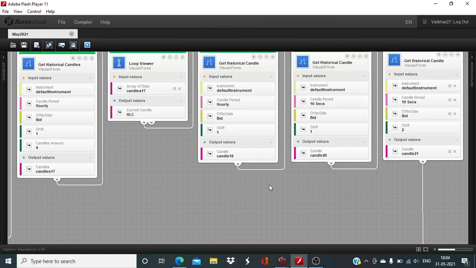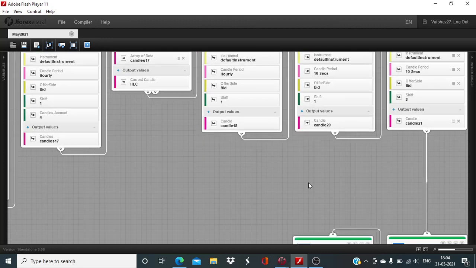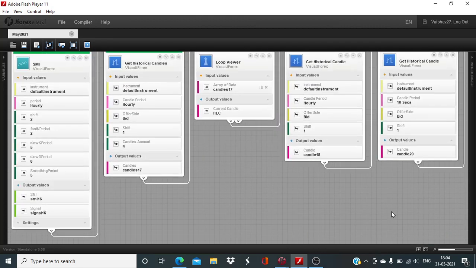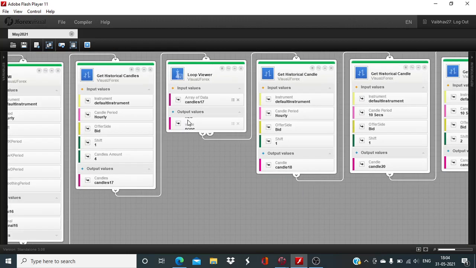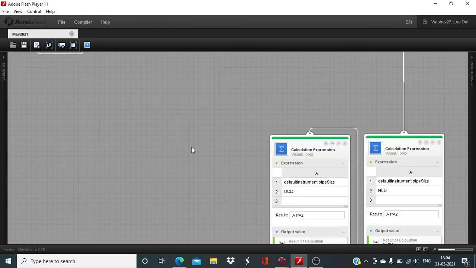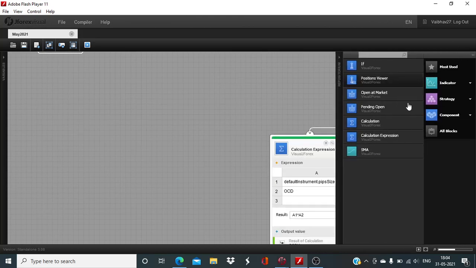Its closing value will need to be higher than the opening value by more than 7 pips, and in case of this cluster of 4 candles, the HLC's high and the low difference should be more than 20 pips. So for that we will carry out the calculation first.